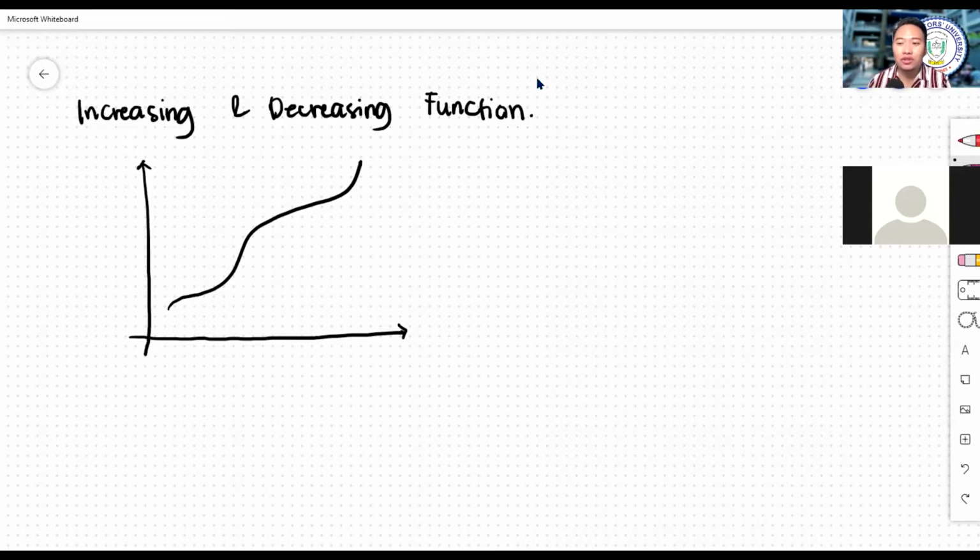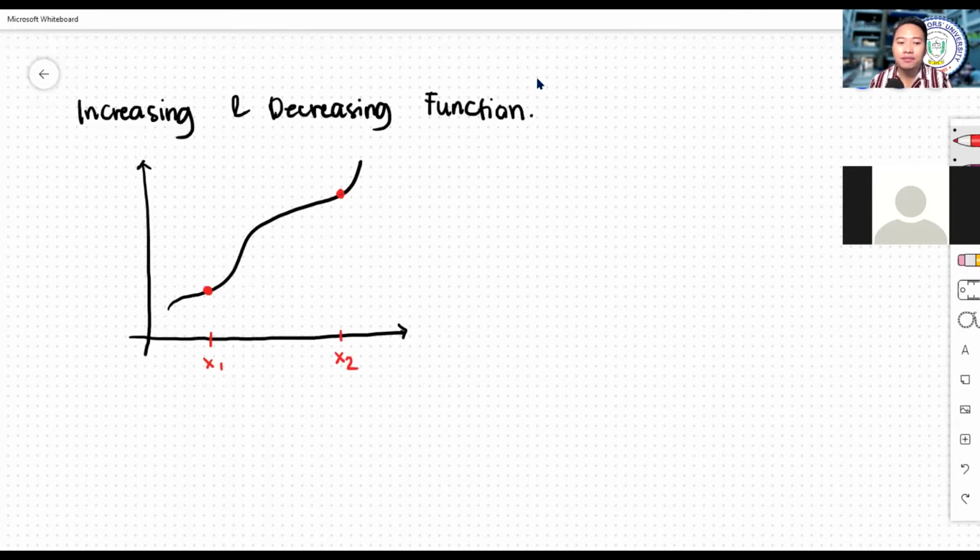So what we need to do, guys, is we're going to pick a point. So let's say, for example, this is x sub 1, and then this is x sub 2 here, somewhere here.